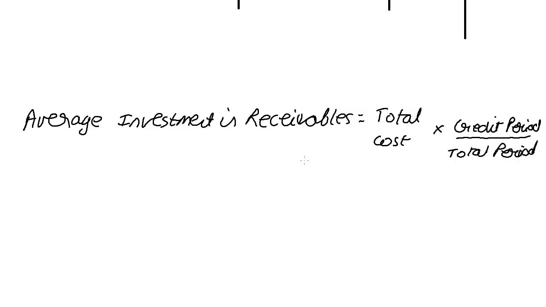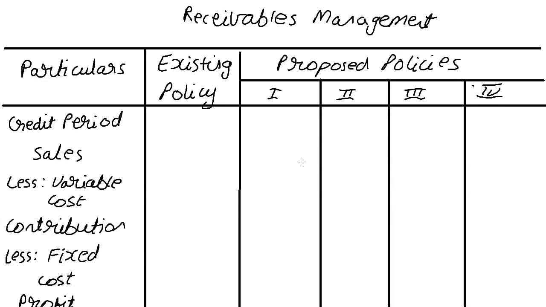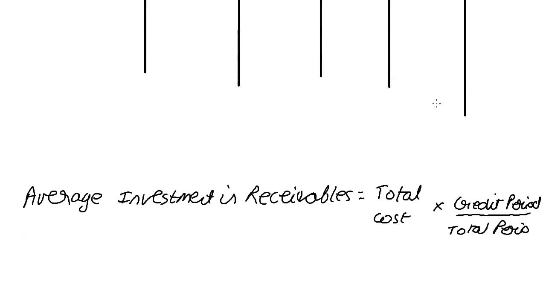So when we say credit period and total period in the question, they may tell us that the credit period is 30 days, 45 days, 90 days, okay, 120 days. Okay, so every time if it is days, then you have to understand that the total period will be either 365 or 360.